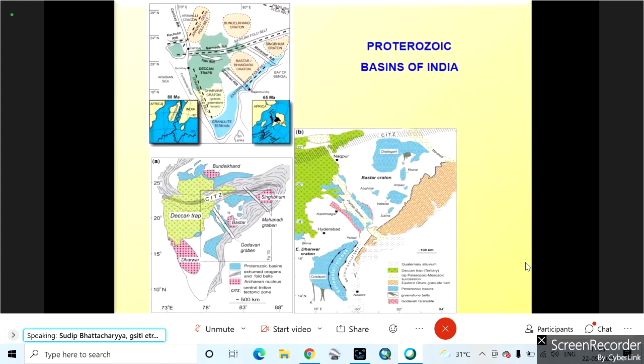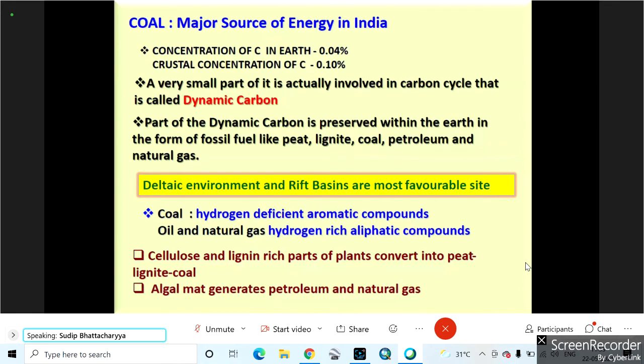Okay. So now we are entering the different types of hydrocarbons. Not going into that detail. We only deliberate what the types are, and in which basin we should get coal, or in which basin we should get petroleum.